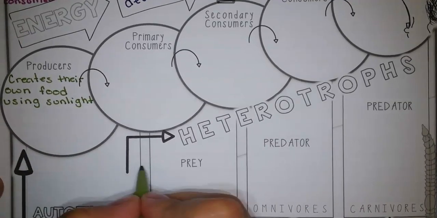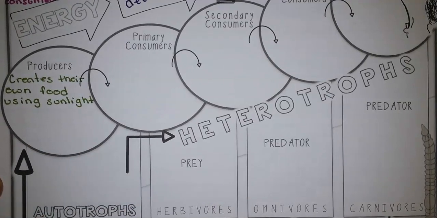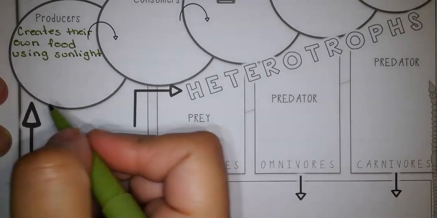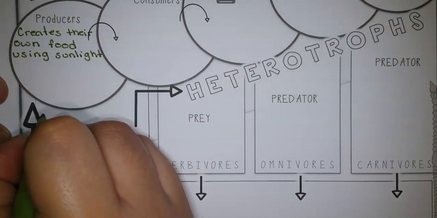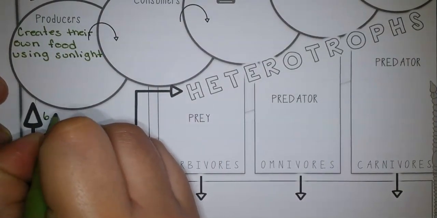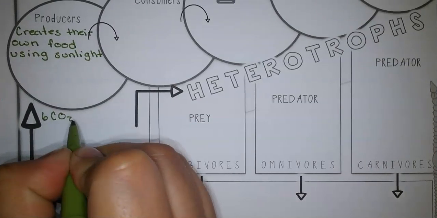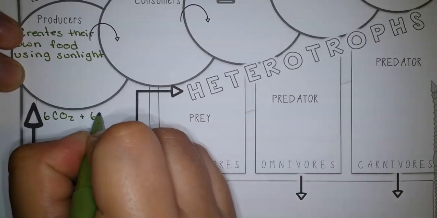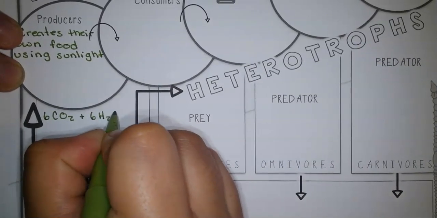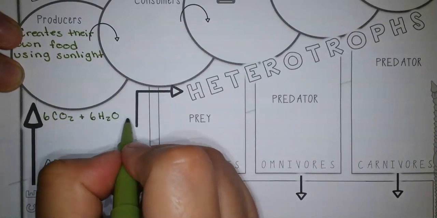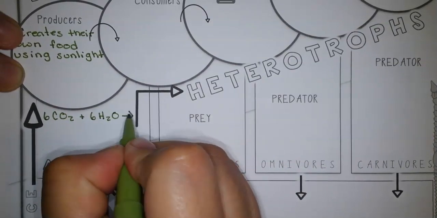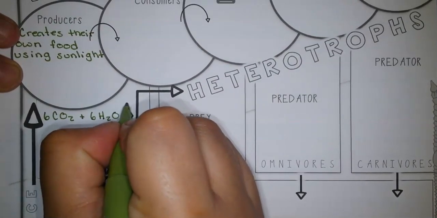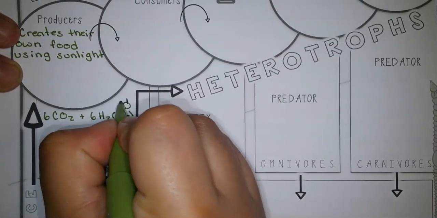So I'm going to write down the photosynthesis equation right here where it says autotrophs: 6 CO2 plus 6 H2O. I'm going to draw the sun, which is radiant energy.